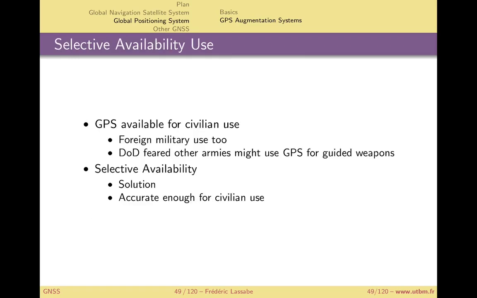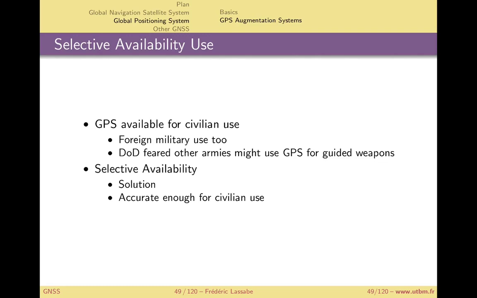And so let's start with why the need to use GPS augmentation systems. So remember, up until year 2K, the GPS was providing its system to everyone with the selective availability. So why the selective availability and how?